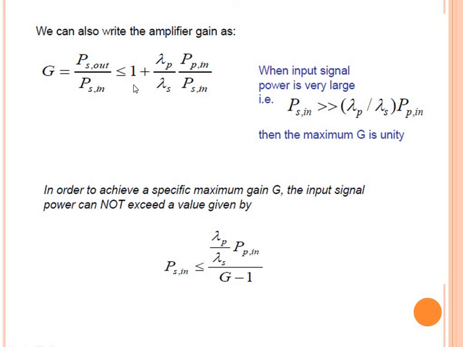Assuming there is no spontaneous emission, we have the equation for gain: the ratio of output signal power by input signal power is less than or equal to 1 plus lambda p by lambda s into pump input power by signal input power.